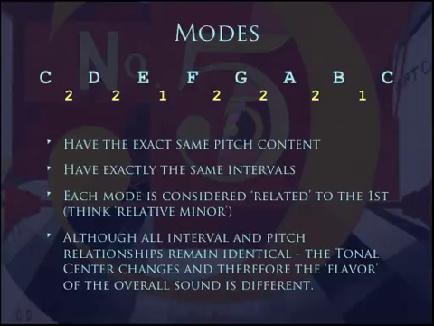Now, when we do change the tonal center, though, the scale takes on a different flavor. It has a kind of different sound to it. It might sound minor, or it might sound subtly different than the regular major scale. And that is what we take advantage of in composing using the modes.